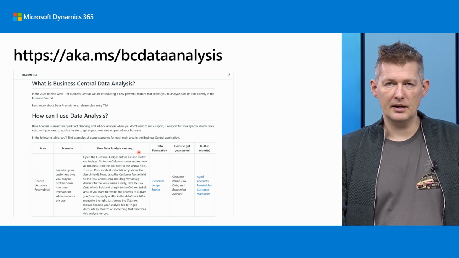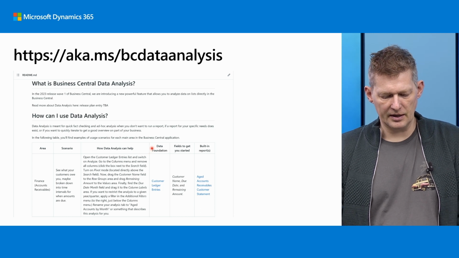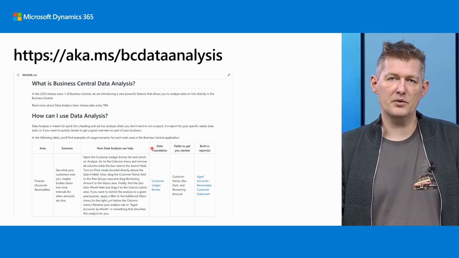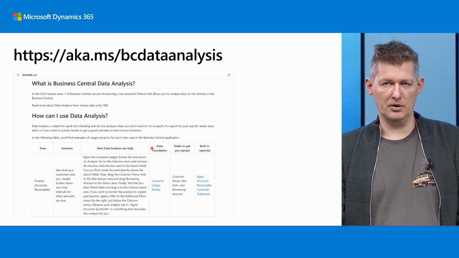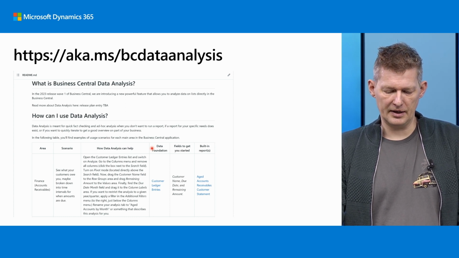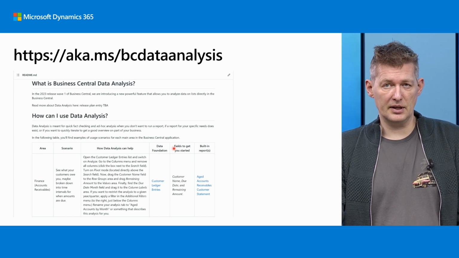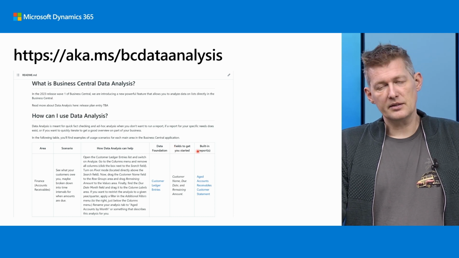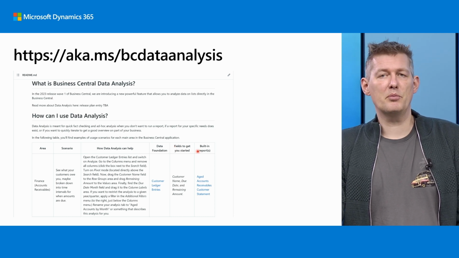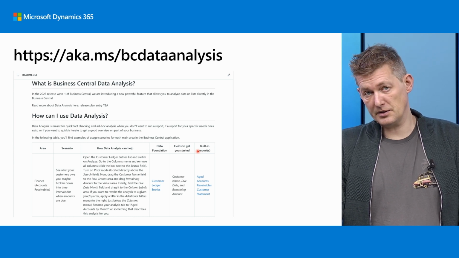To make it even easier, there is a direct link for the data foundation. If you click that link, it just takes you to the table where you need to enable data analysis, and a list of the fields that are interesting in this analysis, as well as the built-in reports in Business Central where you could do this as well, if they exist.